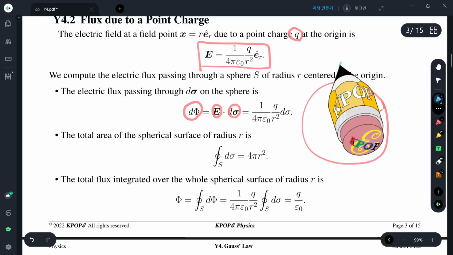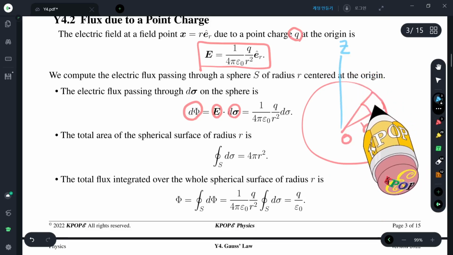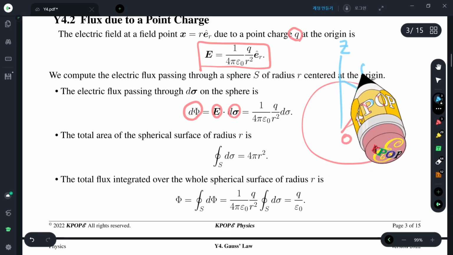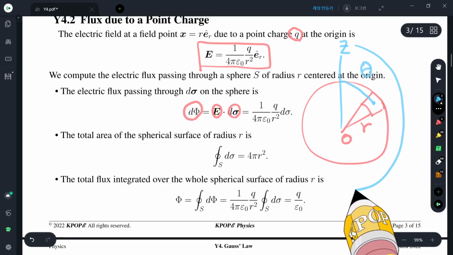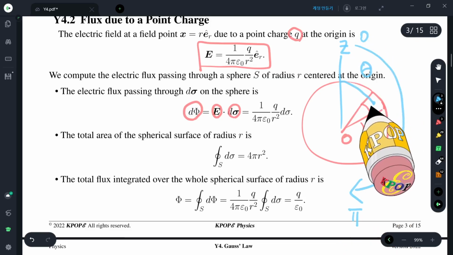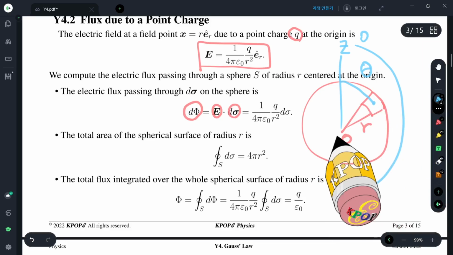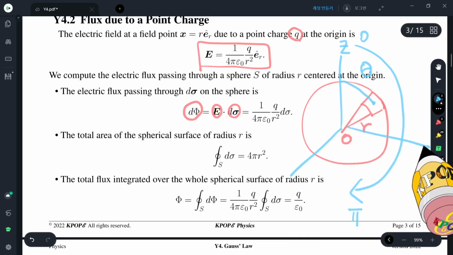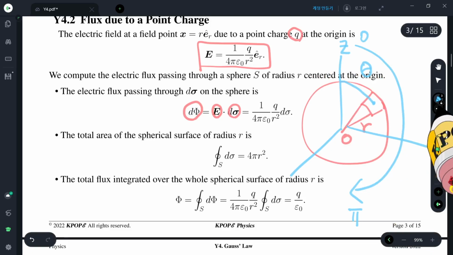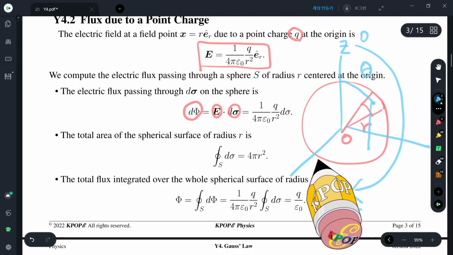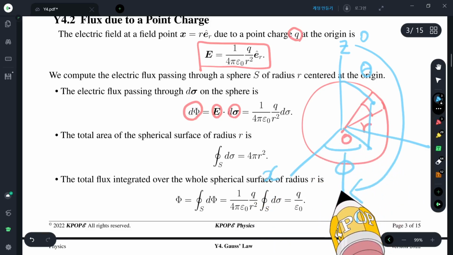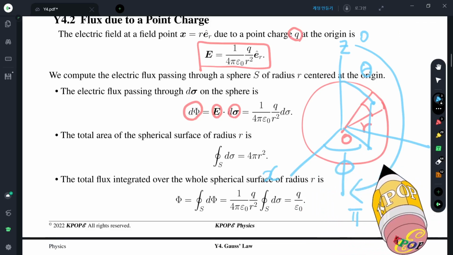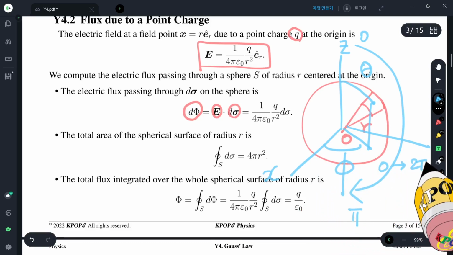We have introduced the z-axis, the polar angle theta that runs from 0 to pi, and the azimuthal angle about the z-axis, measured from the x-axis by angle phi. Phi runs from 0 to 2 pi.